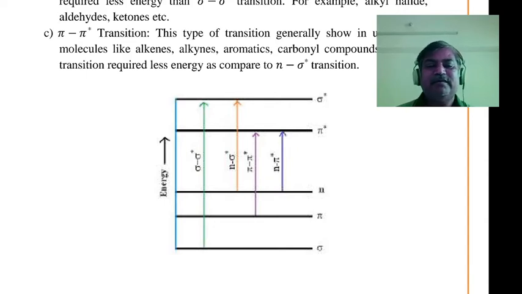Highest energy required for transition, absorbance in terms of wavelength is very low, and that's why in case of alkanes, as the transition takes place from sigma to sigma star, required energy is highest. That's why absorbance in terms of wavelength or in terms of nanometer, it is below 200 nanometers.